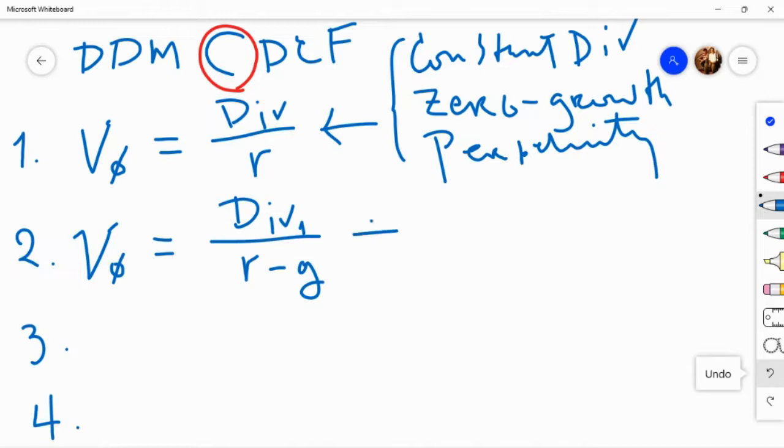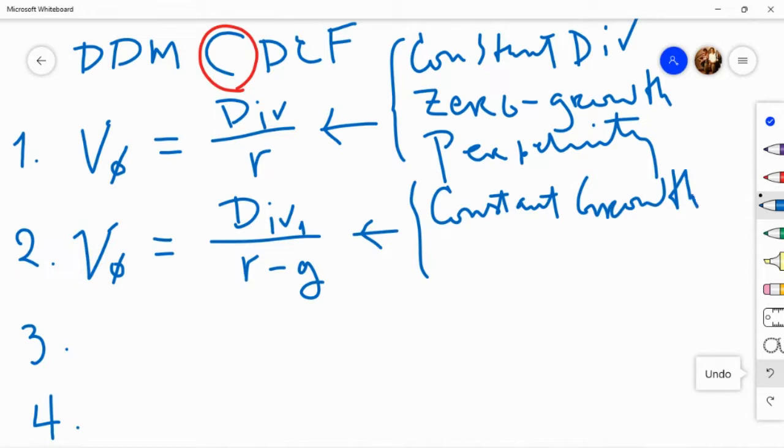Okay, which is called the constant growth model or Gordon growth model.